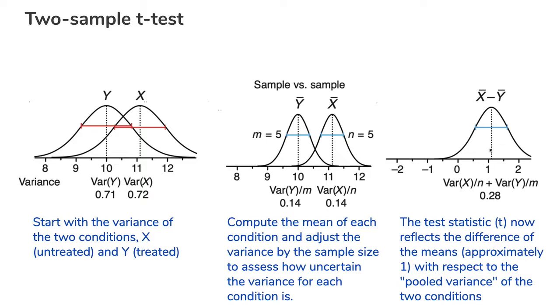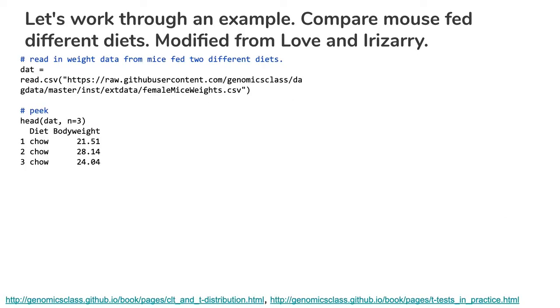We're trying to evaluate that signal, 1, the difference in means, versus the so-called pooled variance of the two distributions. So essentially, we're taking the variance from Y, we're taking the variance from X, and we're computing a sort of combined or pooled variance with the intent of using that pooled variance to assess whether or not the observed difference in means is interesting or expected by chance. Okay?